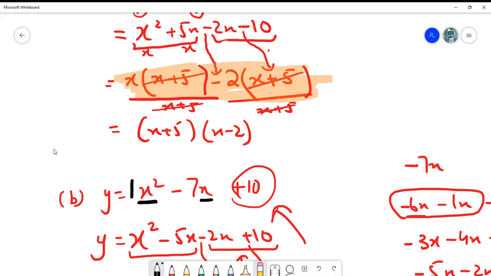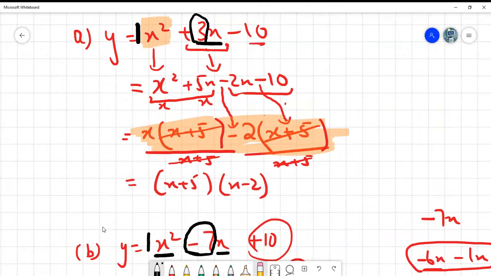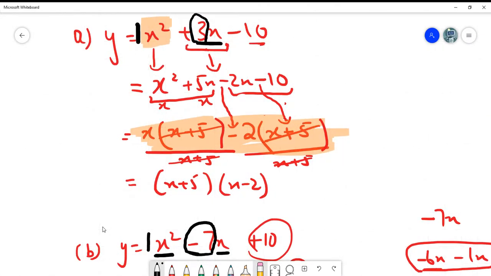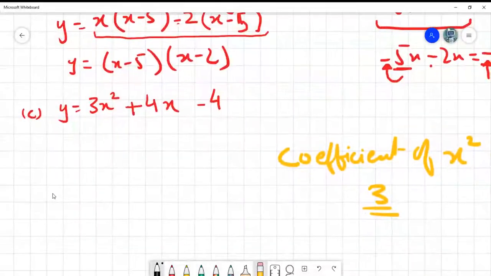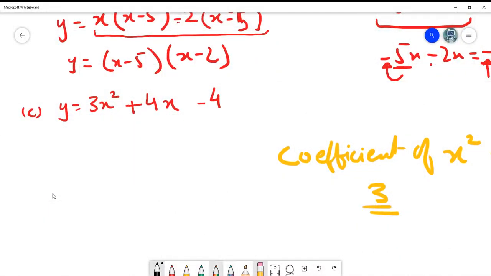Also, the coefficient of x here was -7. So far, all the examples we've looked at had the coefficient of x squared as 1. But this particular example is different because the coefficient of x squared is 3 and not 1.